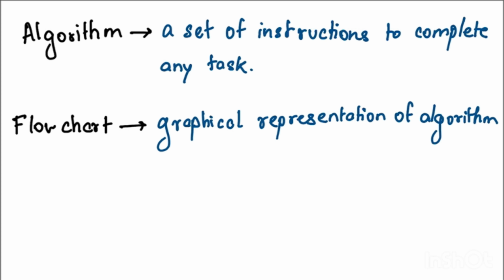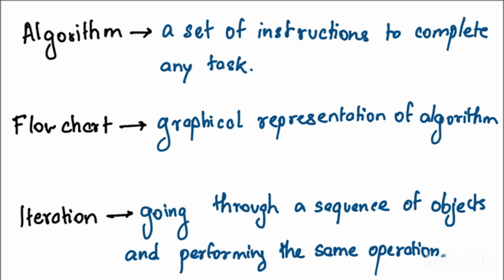Another term is iteration. Iteration is when you repeat a bunch of steps on a particular set of data. Iterating is going through a sequence of objects and performing the same operation on each of them.